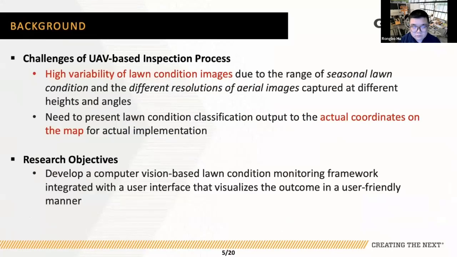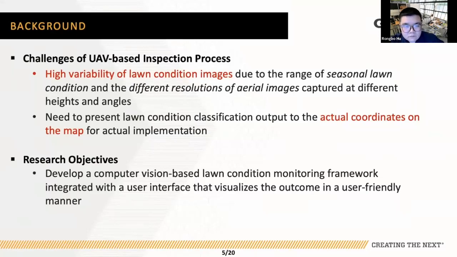But there are some challenges with this method. The major problem is that there is high variability of grass images, because grass itself tends to vary a lot over different seasons, and images taken at different heights or angles will have different resolutions. These will undermine the image classification models.